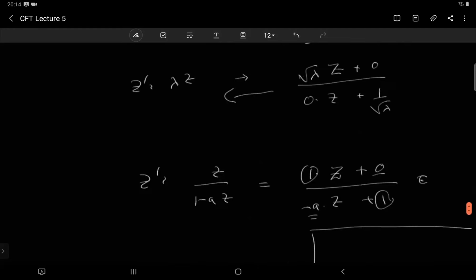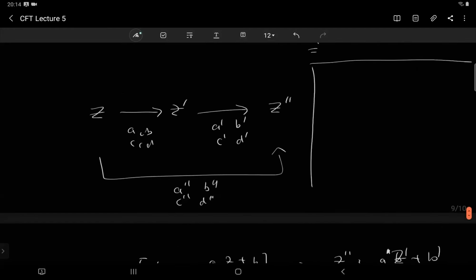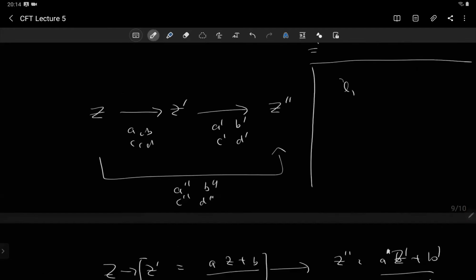Another simpler way to see that this is the same as the SO(3, 1) algebra is to just look at this algebra, which is [L1, L minus 1] equal to 2 times L0, and [L1, L0] is equal to L1, and [L minus 1, L0]. This is the Witt algebra.